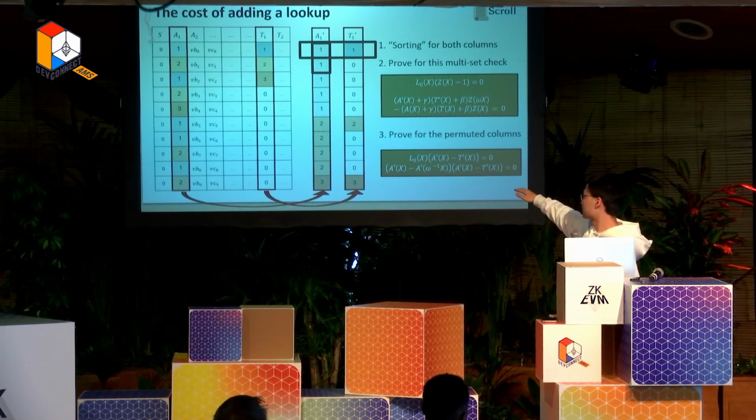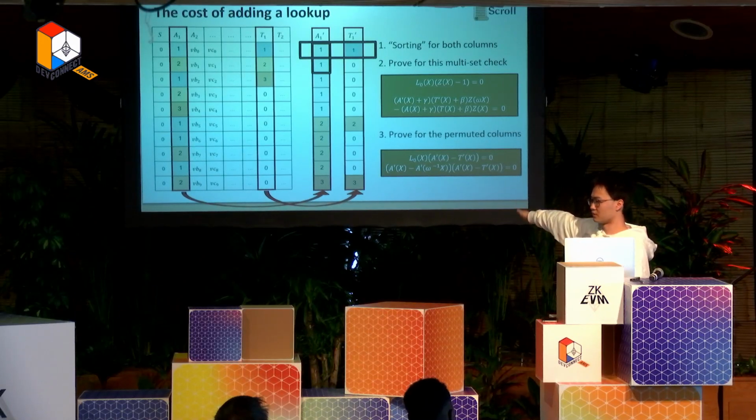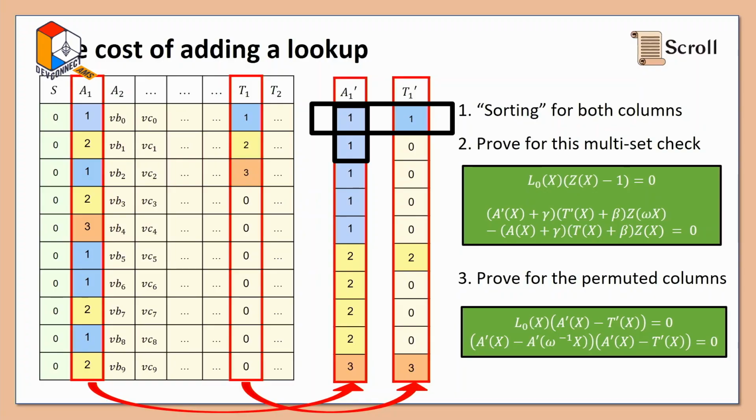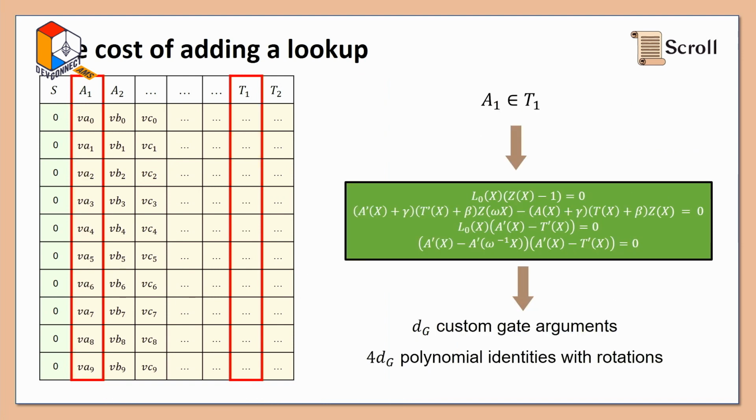The first one is you multiply with some Lagrange polynomial, which means it's constraining your starting point. And the second polynomial is that this new column is either equal to the previous value or equal to some entries in this table. So this is a bit more technical, but if you don't want to understand so much, you just need to remember that if you want to prove that one column belongs to the other column, it needs 4 polynomial constraints.